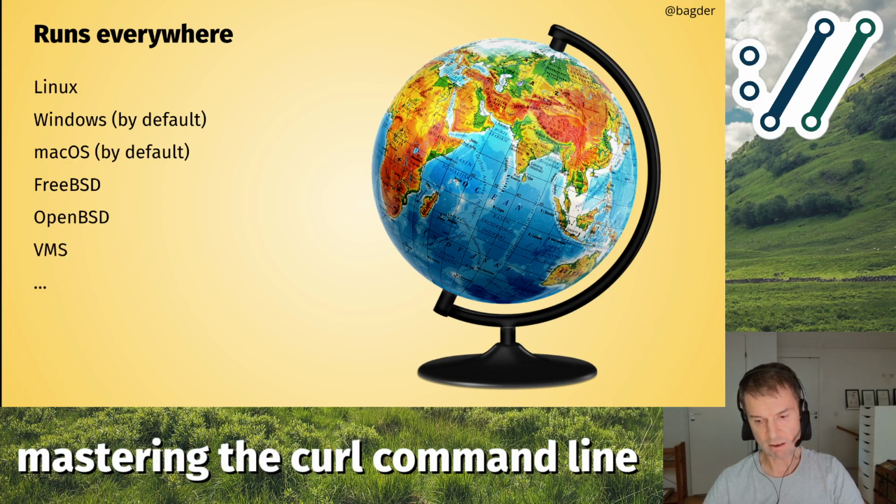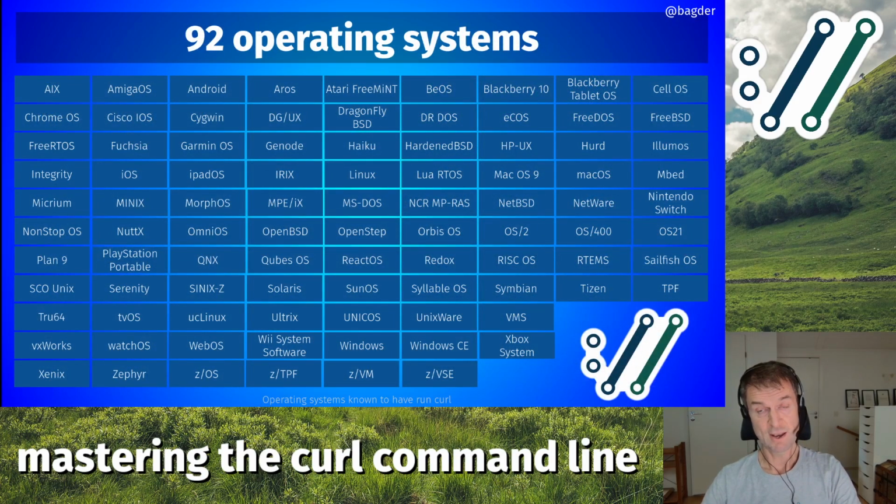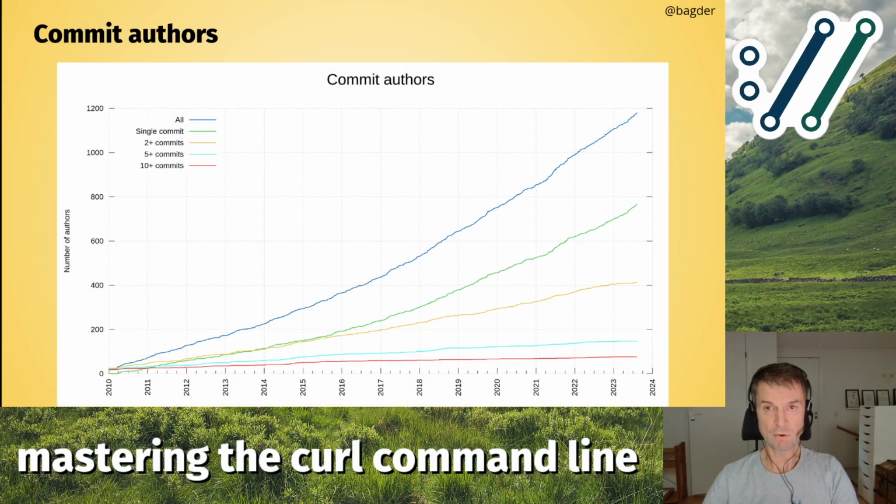You can run it on all those fun BSDs, older legacy systems, VMS. You can run it on anything. I actually have this collection of operating systems where people have mentioned that they use curl on or ever ran curl on, and it's this amazing set of 92 different operating systems. Many of them, we never knew existed as an operating system. And of course, all of this, as I said, it's a lot of people helping out.